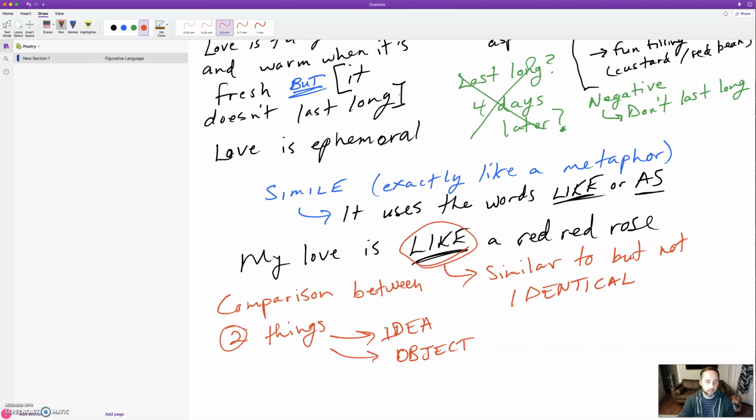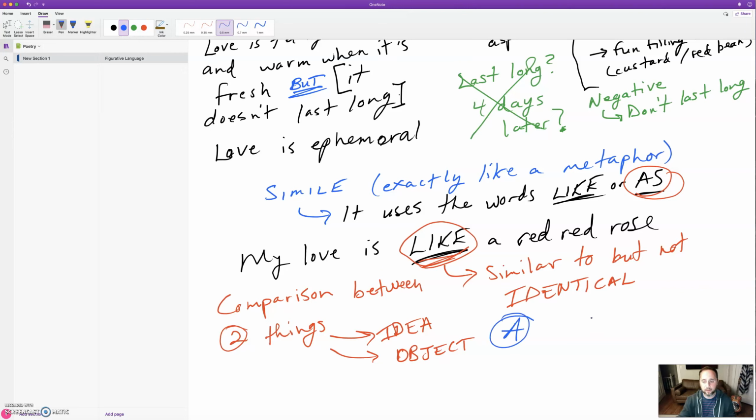Okay, so generally an idea or a concept and an object and thing are being compared. Okay, but the difference here is I'm using the word like or the word as. So it's still drawing on similarities, but it's not an exact one-to-one identification.